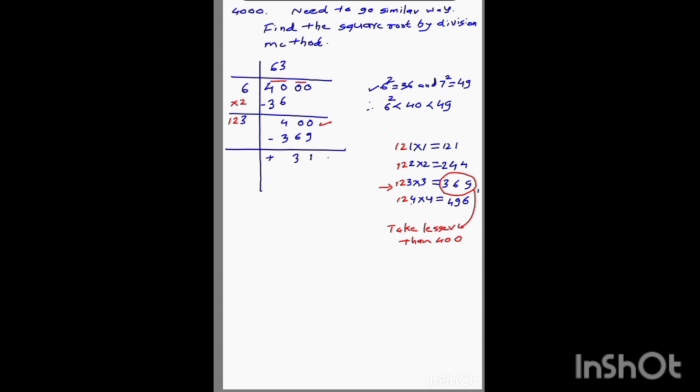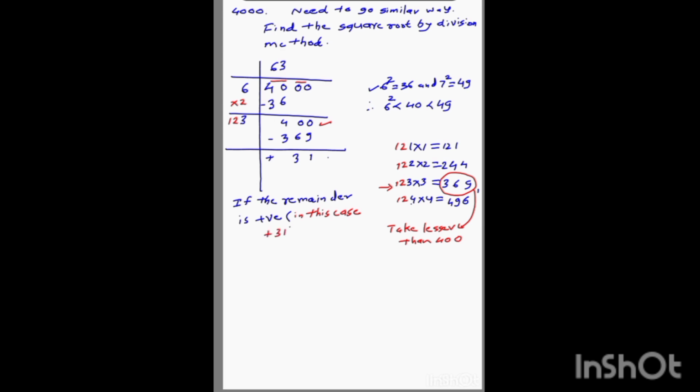The moment it is plus 31, you have to subtract it. So remember, when you try to find the number which is to be subtracted, you should always get plus. That is very important. If the remainder is positive, in this case plus 31, then you need to subtract 31 from 4000 to get a perfect square.